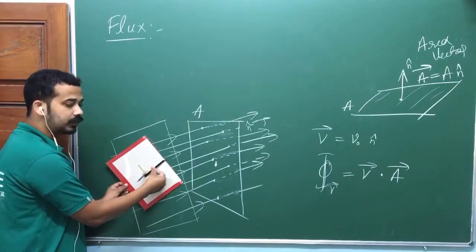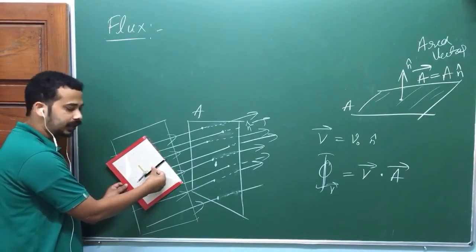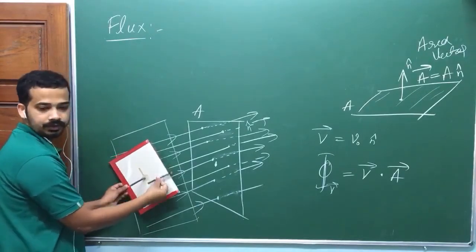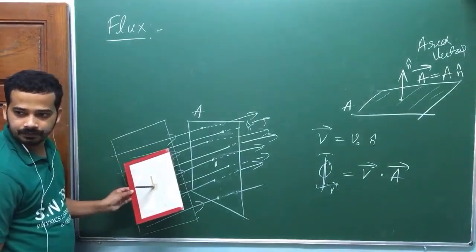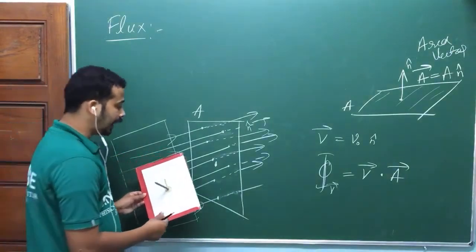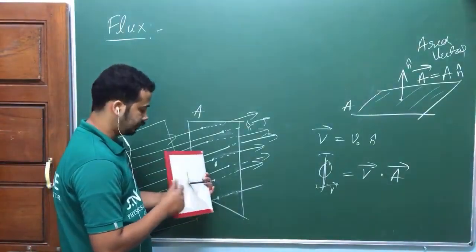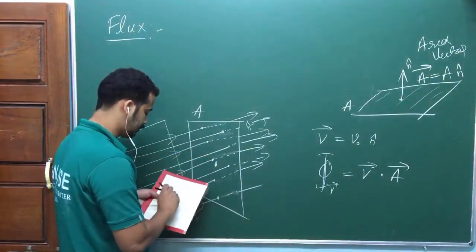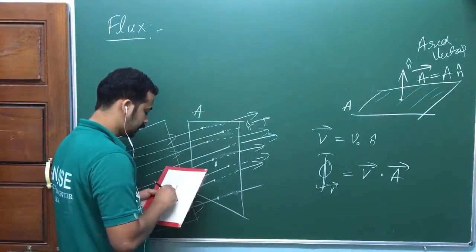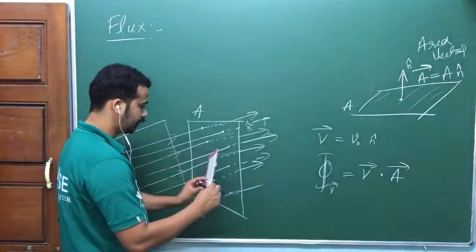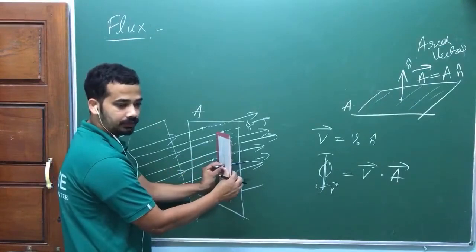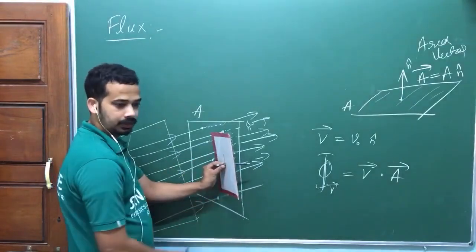In that case, flux is 0, or the number of field lines passing through the surface area is 0, isn't it? Suppose you hold your surface area like this, okay? Let me take it like this.